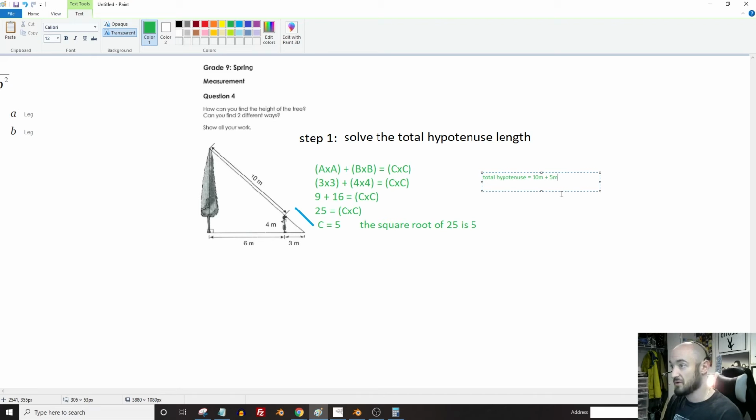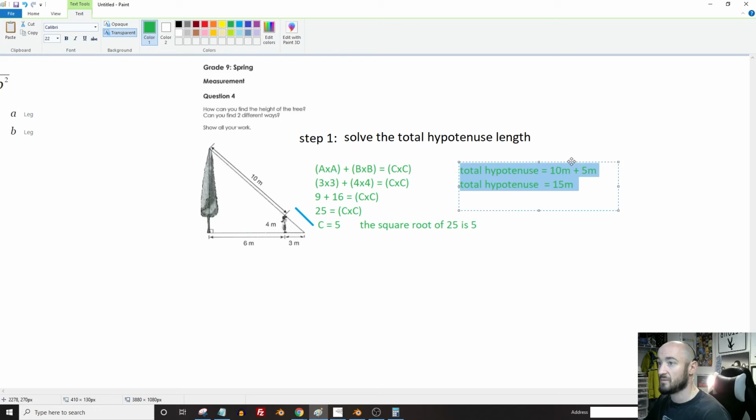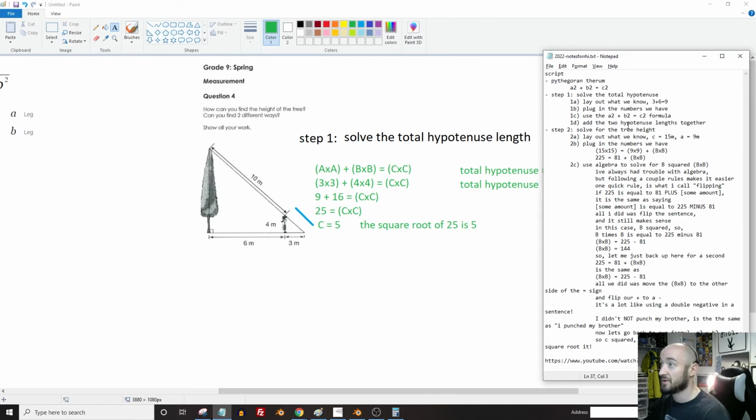So that is equal to 15 meters. So we know that. Cool. So now we can move on to our next step.